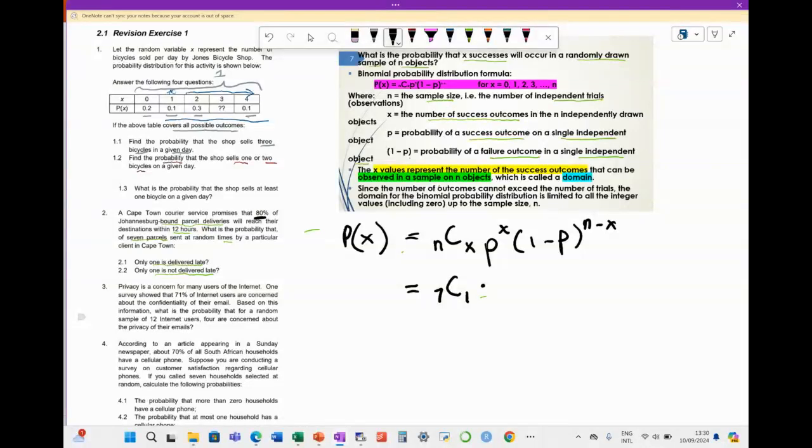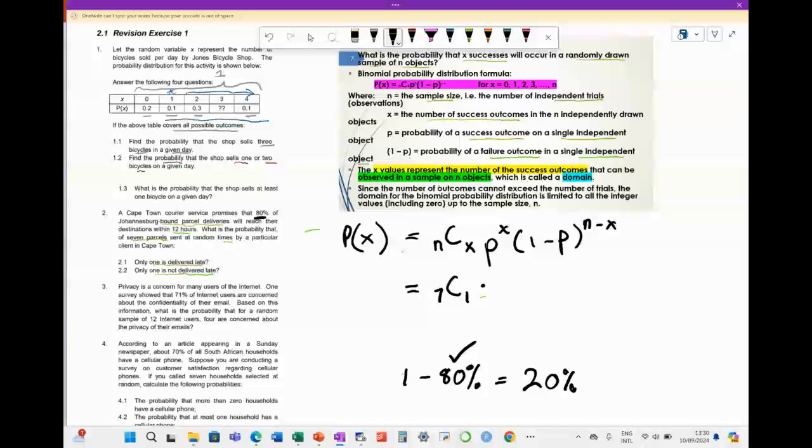So in other words, on time, isn't it? So what's the probability of it being delivered late? 20%. How are you getting the 20%? You are basically saying 1 minus 80%, which is giving you that 20% that it will not be on time. Because this is if they deliver on time.